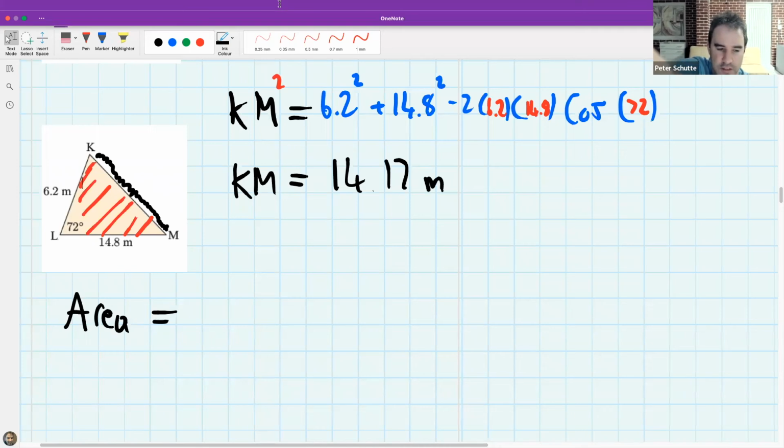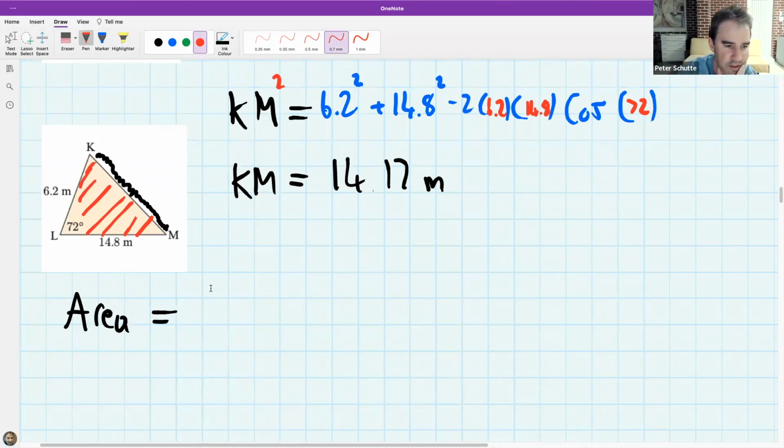So first of all, we need to think, what is the area rule? And the area rule is fantastic because it works for any triangle. So it's a half, but we need two sides and the included angle. So we've got that. That's the good news.